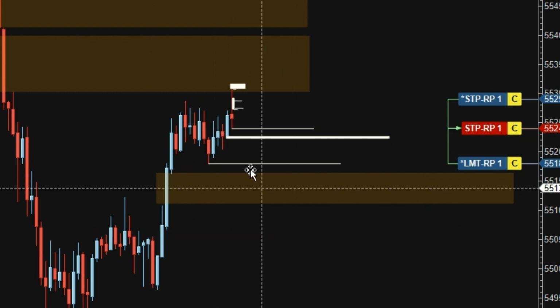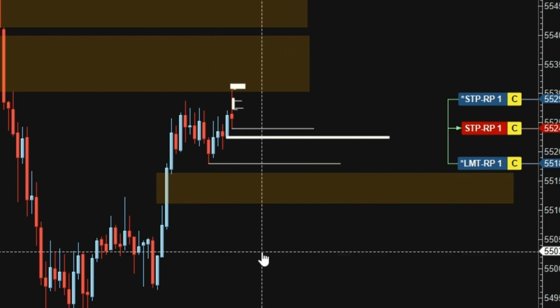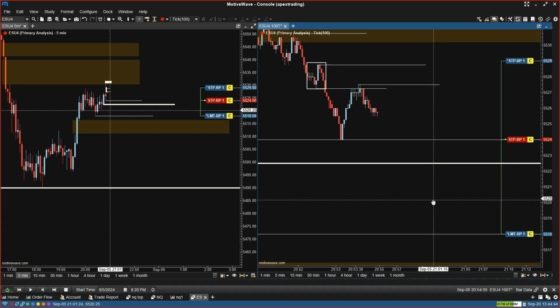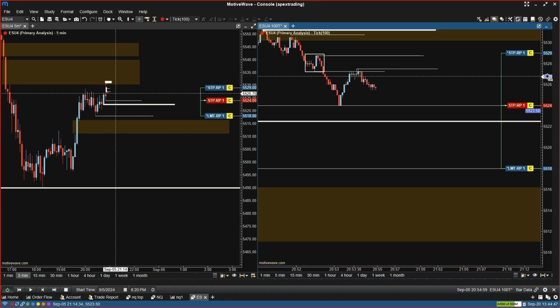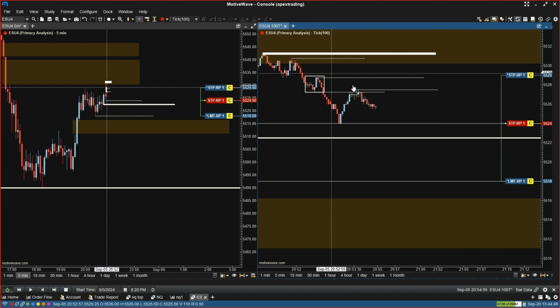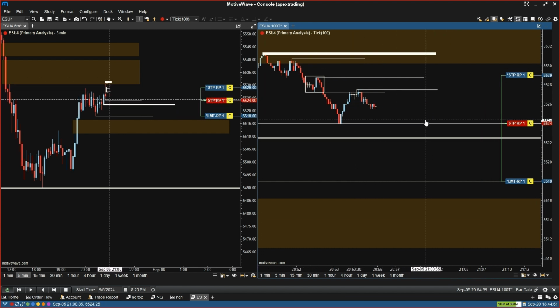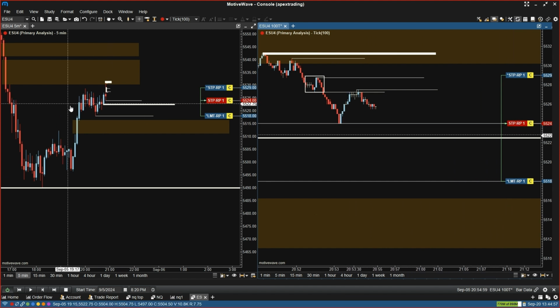We know already from the review that price is gonna move lower, but I'm just gonna show to you how to exploit the 100 tick chart, right? So for me, this is the entry model.